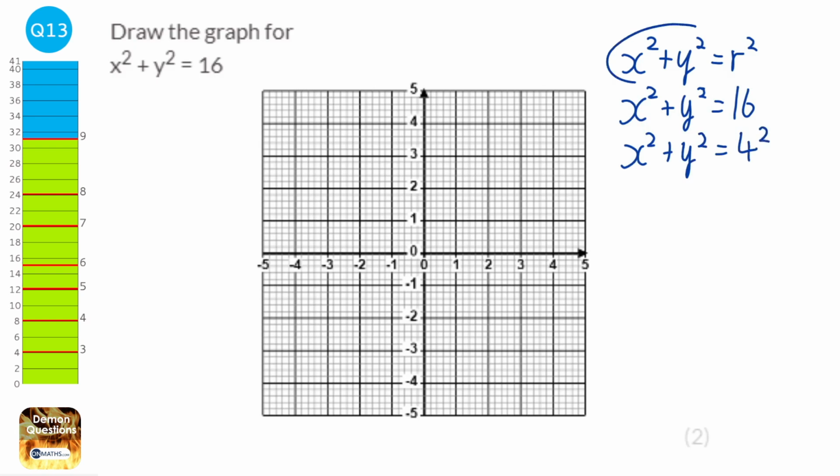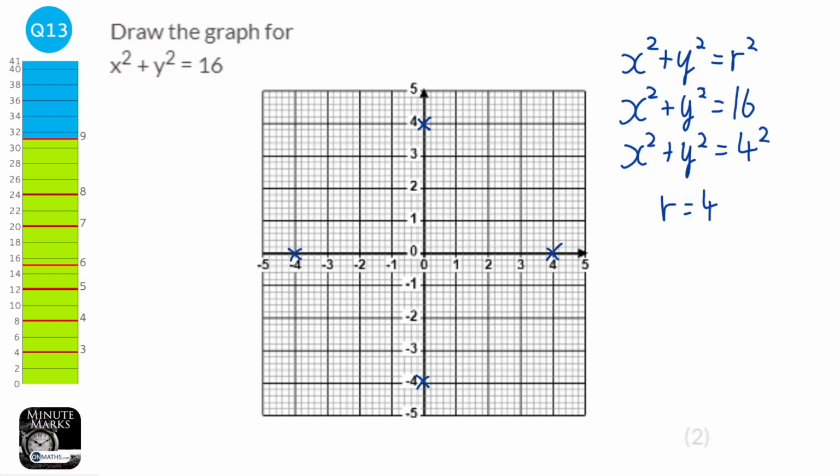Okay, comparing this equation to this equation, we can see that r is 4. Now this equation, the x squared plus y squared equals r squared, gives a circle with the centre at 0, 0, at the origin. So it means that the radius will be 4, so the circle will go all the way up here, all the way across here, all the way down here, and all the way across here.